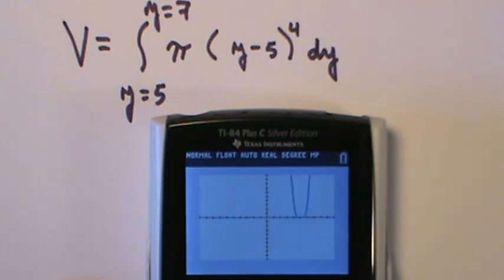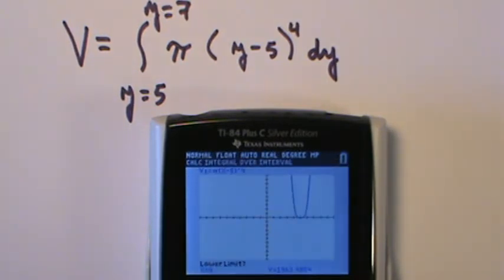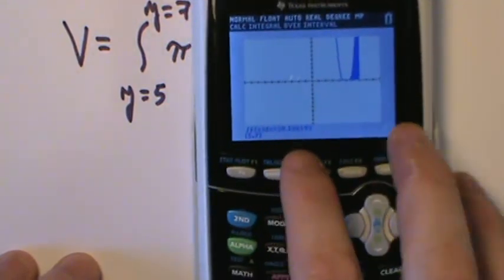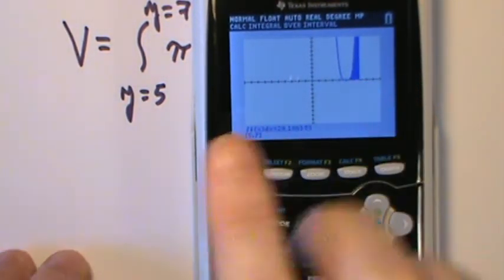Now as I graph it, this graph is actually a representation of my volume, and I want to go from 5 to 7. So I do second calc, option 7. I start at 5, I end at 7. It's given me an answer here that is represented as an area, but that area is actually a volume.